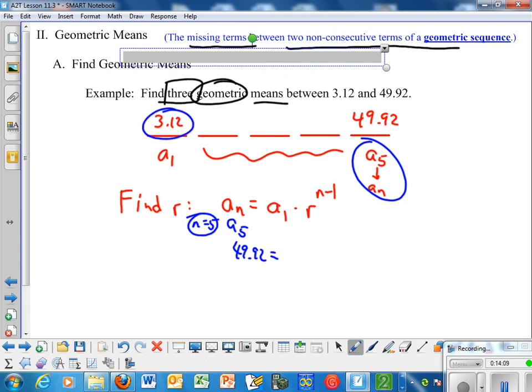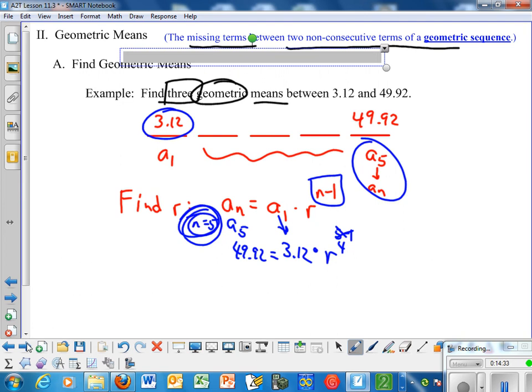A1 is right here, 3.12, so that's going in for A1, times R to the, I got to do n minus 1 power. Now notice n is 5, so if I actually took to the 5 minus 1 power here, I'm really doing R to the 4th power.